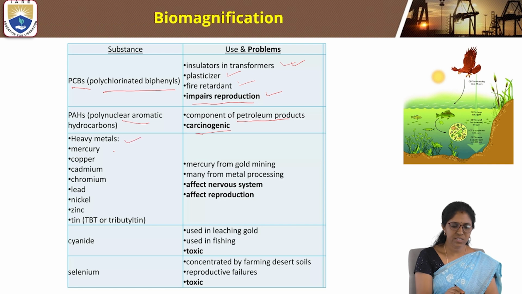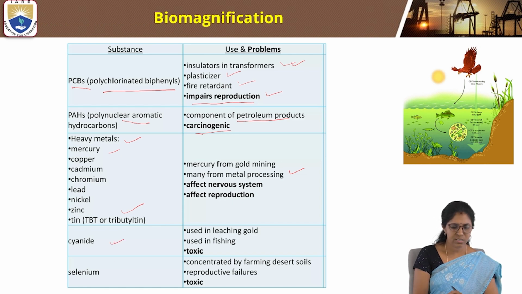Heavy metals like mercury, copper, cadmium, chromium, lead, nickel, zinc, and tin are used, for example mercury in gold mining, and many heavy metals in metal processing. These heavy metals affect the nervous system and reproduction.